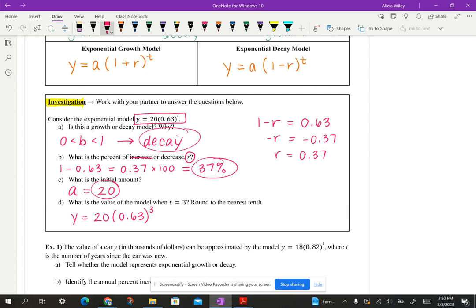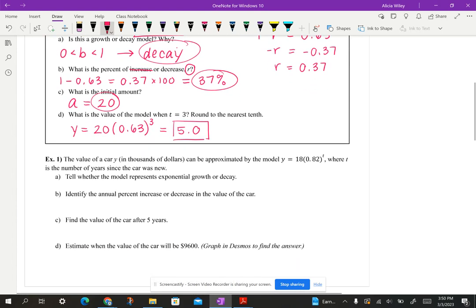So I got 5.0, and that would be, I guess, rounded to the nearest tenth. And this would be your answer.